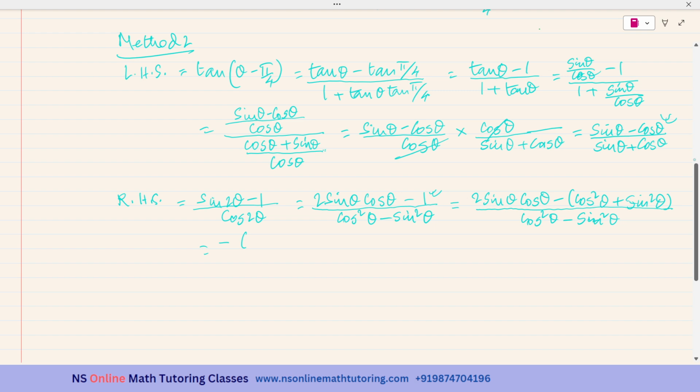So it will be cos square theta minus 2 sin theta cos theta plus sin square theta, and this will be a square minus b square, so it will be cos theta plus sin theta and cos theta minus sin theta.